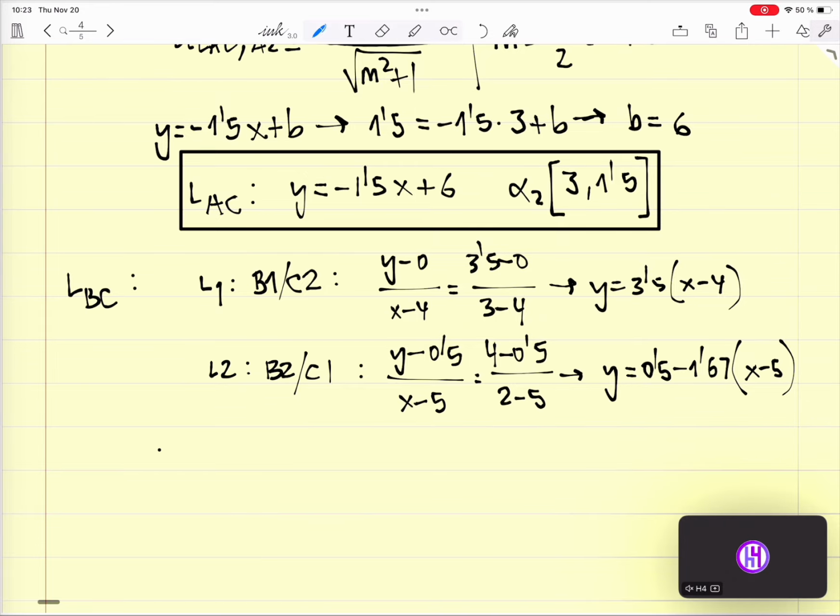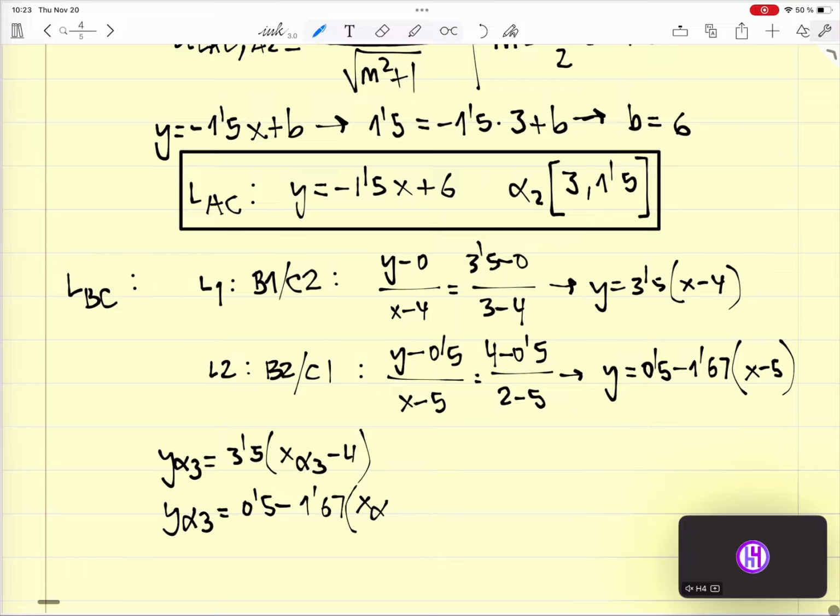Okay, so as a result, y alpha 3 equals 3.5 times (x alpha 3 minus 4), and y alpha 3 equals 0.5 minus 1.67 times (x alpha 3 minus 5).